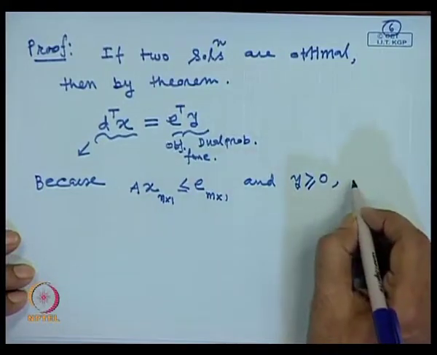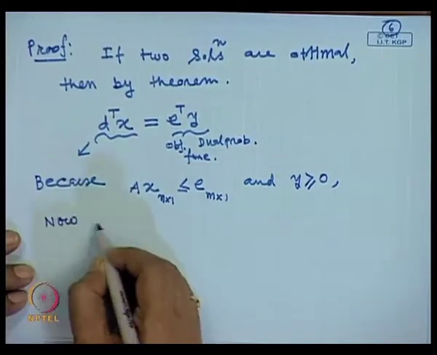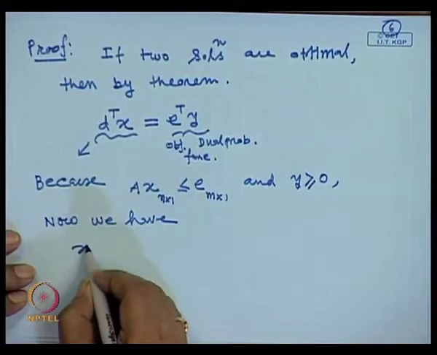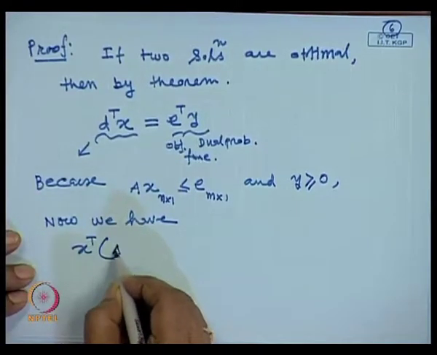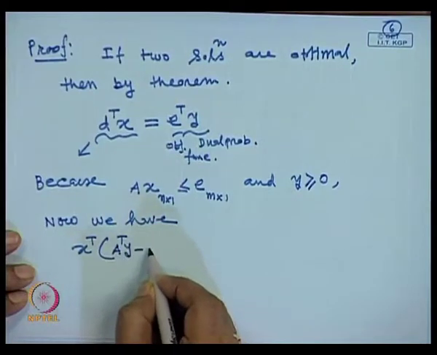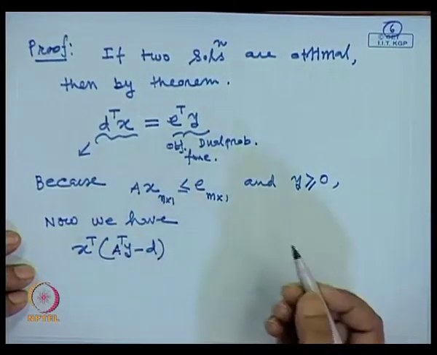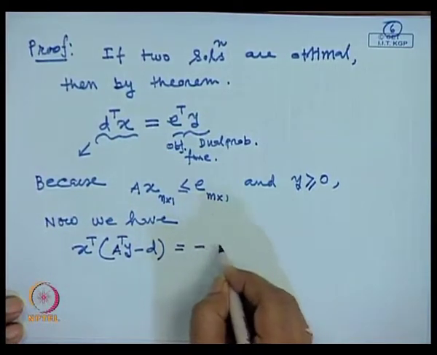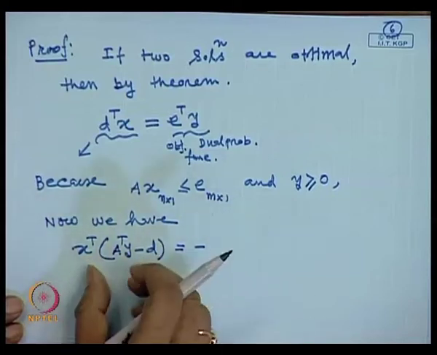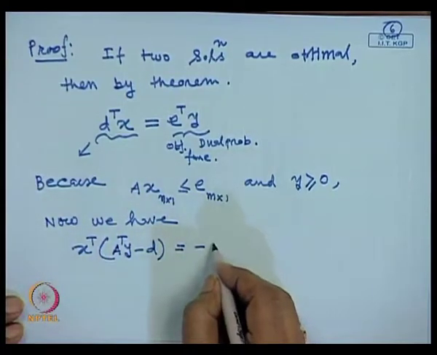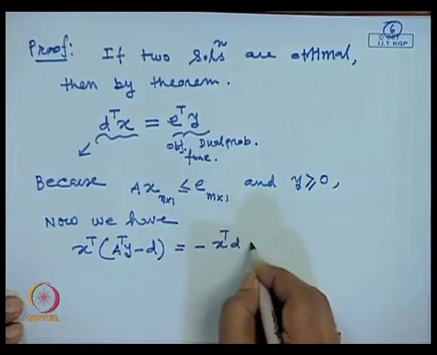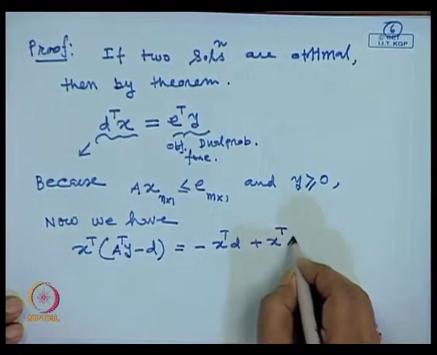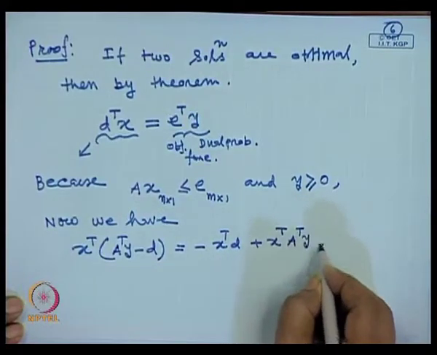Okay. Now, we have x transpose (A transpose y minus D). What will we get? This is equal to minus, just expand this bracket: x transpose D plus x transpose A transpose y.